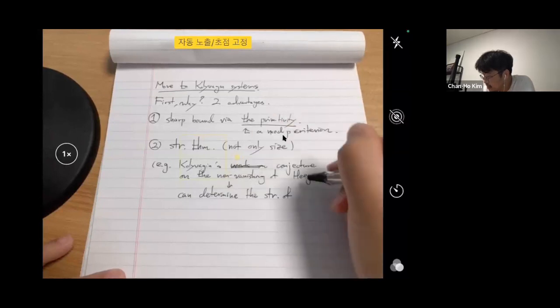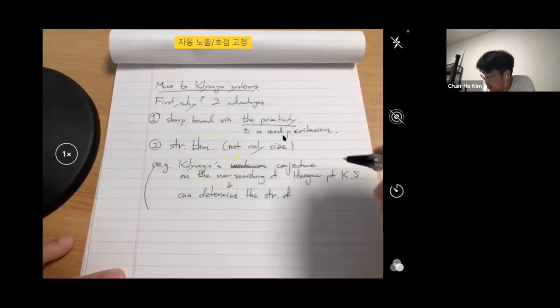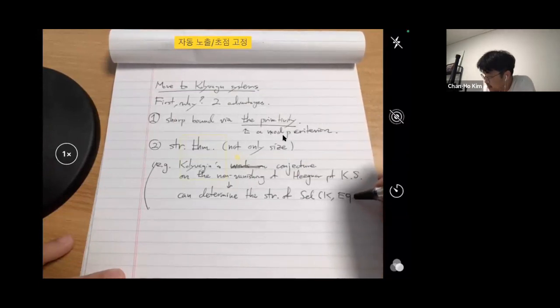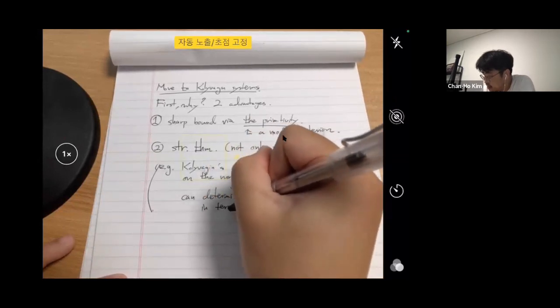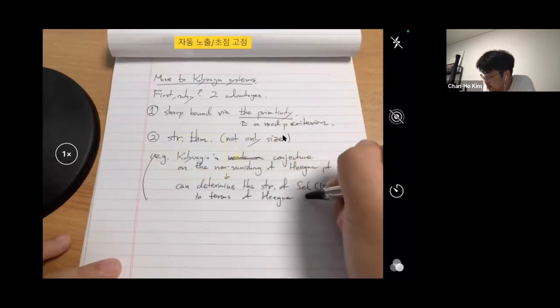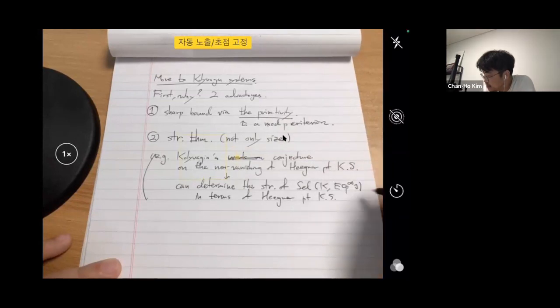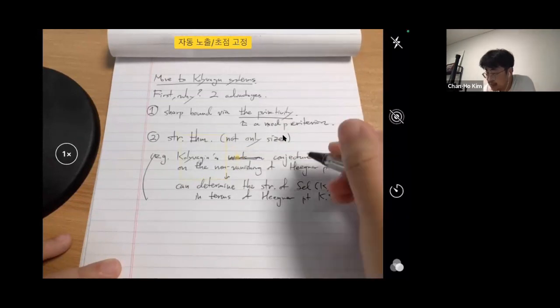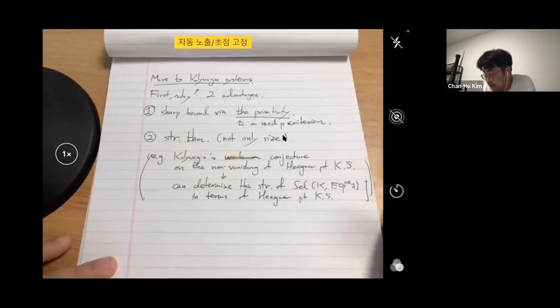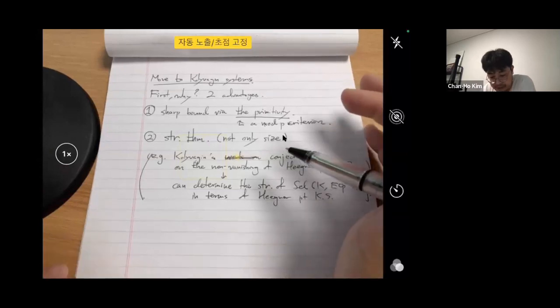So in this Heegner point case, Sel(K, E[P^∞]) is described in terms of the Heegner point Kolyvagin system. So this structure theorem is the kind of motivation of this Kolyvagin conjecture. And we can do a similar thing in the cyclotomic Euler system, for example, the Kato Euler system here.